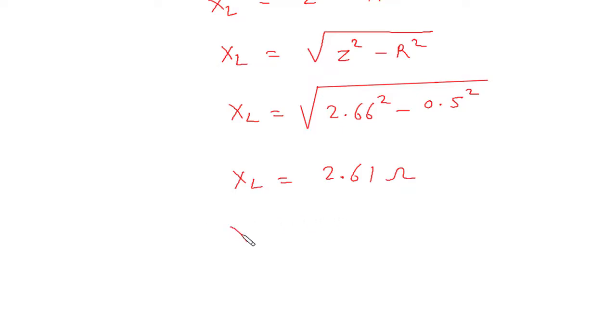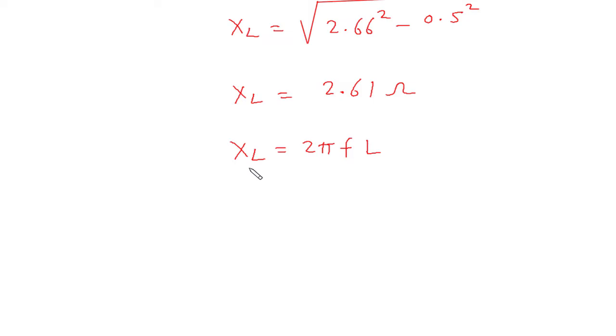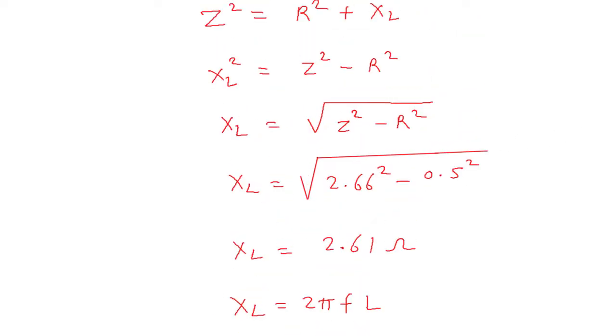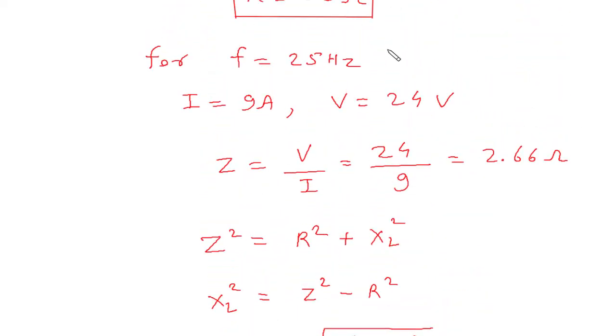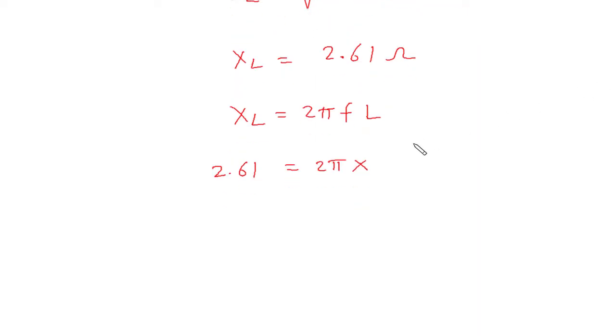Then XL is equal to 2 pi fL. From this we can find the value of inductance L. So here XL, 2.61, is equal to 2 pi f, where f is 25 Hz, into L. So L is equal to 2.61 divided by 2 pi into 25.